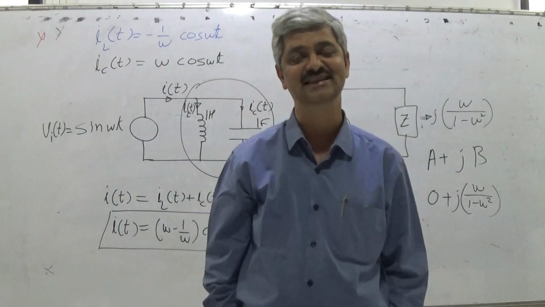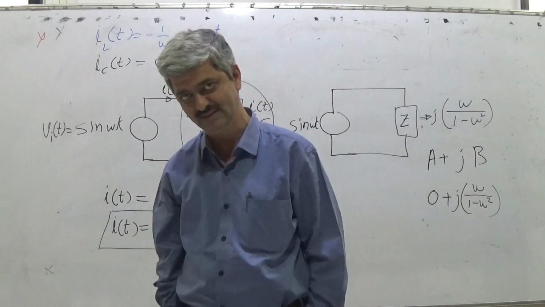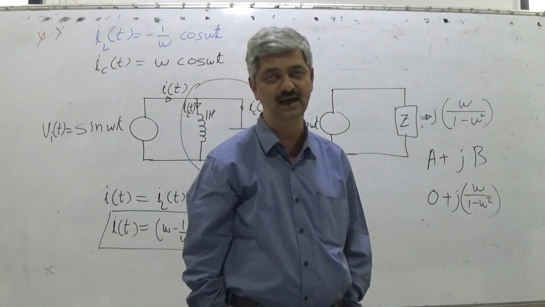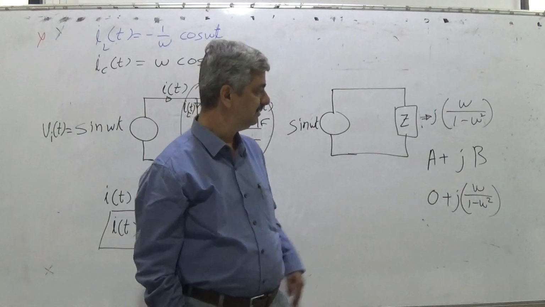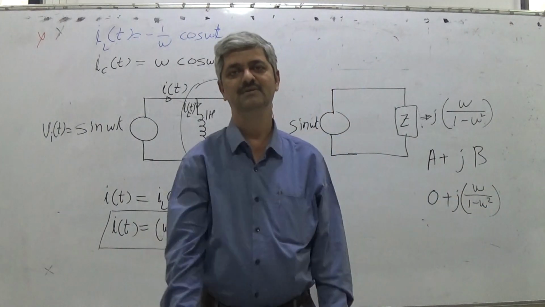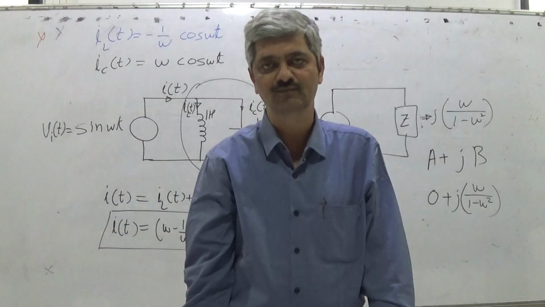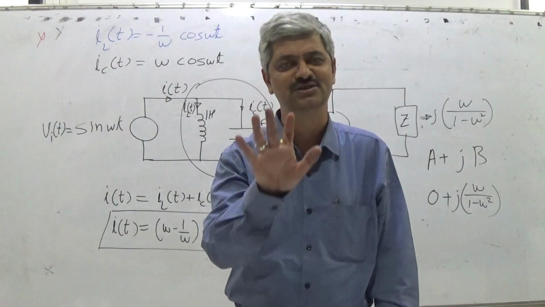If omega is less than 1, what will happen? In that case, the denominator will be positive. We go for only positive omega.